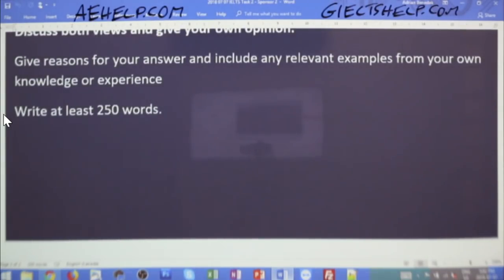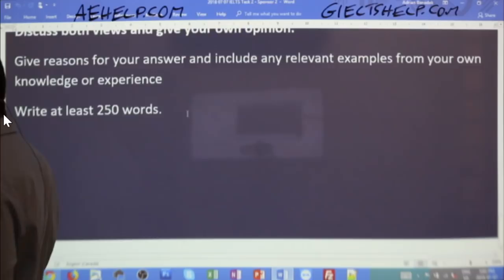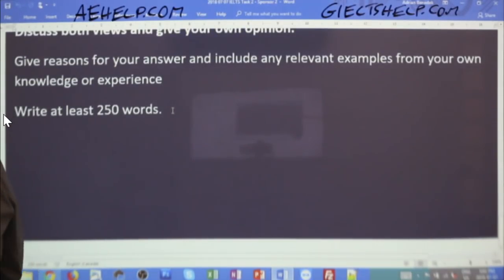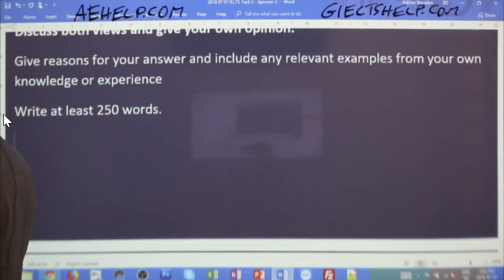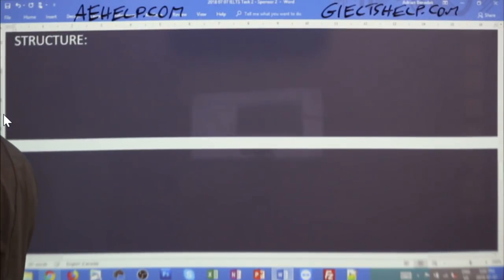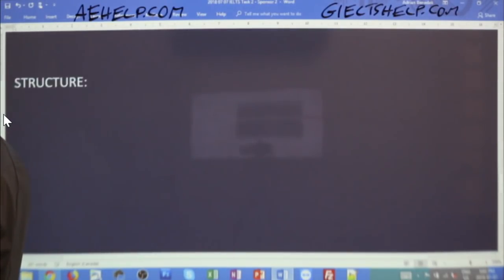Okay, so I want to teach you a few different skills that are important for task 2 as we get going here. So this one says, discuss both views and give your own opinion. So the structure for this type of question is 4 paragraphs, okay, as usual.